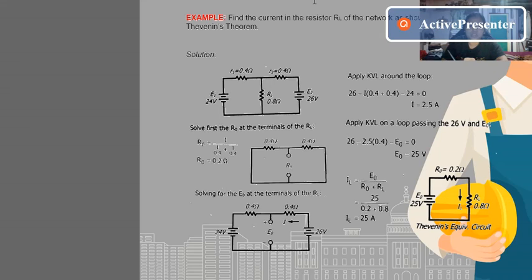So first, we need to solve the RO at the terminals of the RL. So atong RO is parallel.